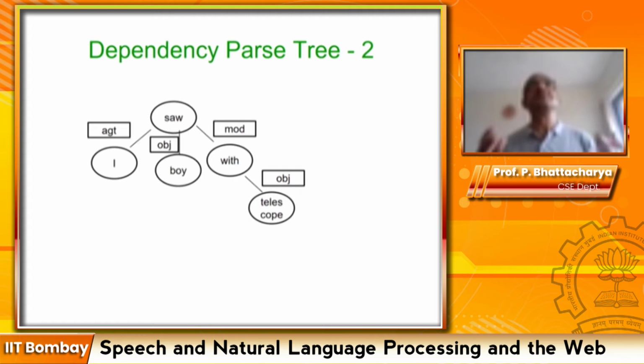All this is the investment. And in spite of all this, you may not be able to resolve ambiguity and have to produce multiple outputs. And if the question is what is better, dependency or constituency, both are important, but dependency seems to be more important for free word order languages and also for capturing semantic relations.